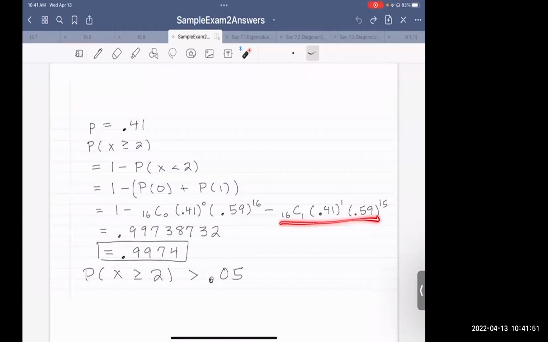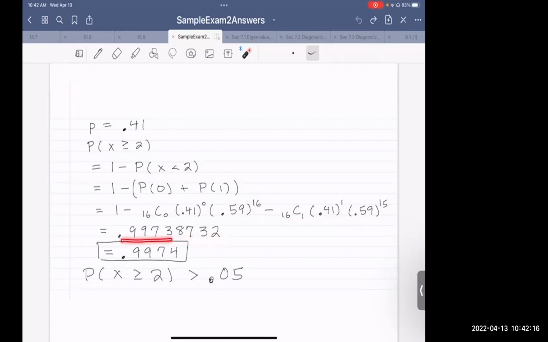Let's find the probability that x is equal to 1. So again, n is 16, C1. I have p is 0.41 to the power 1. Again, q is 0.59 to the power 16 minus 1, which is 15. And so I get 0.99738732.